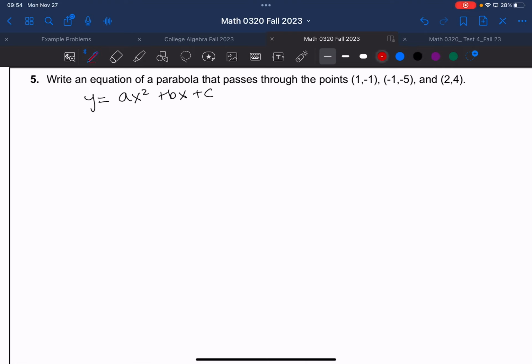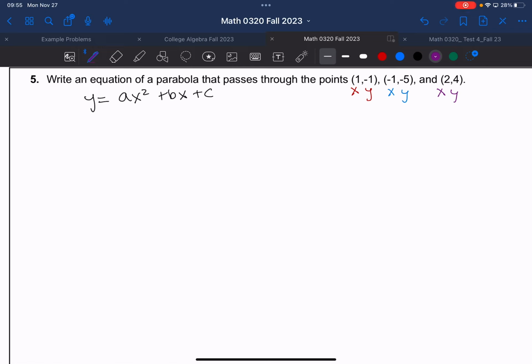So this is going to be, since I have multiple colors, I'm going to do x and y. If you only have your pencil, do like x1, y1, x2, y2. Because we want to make sure we notice them differently. So this is x and y, and x and y. Again, if you're just using a pencil, make sure this is x1, y1, x2, y2, x3, y3. You want to make sure that these are all different x values.